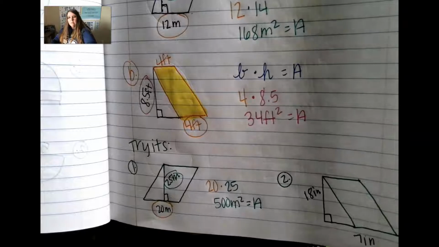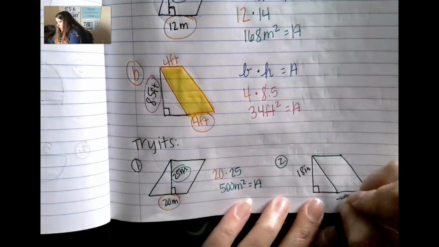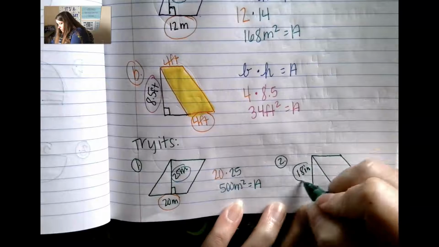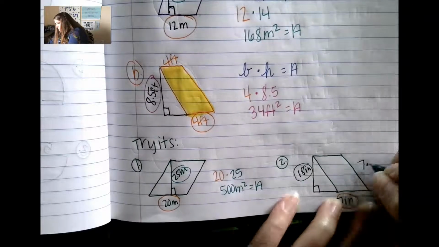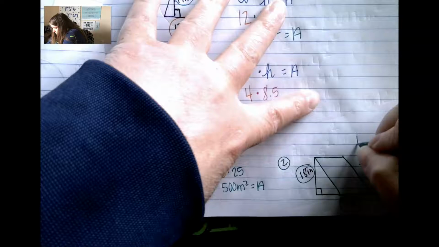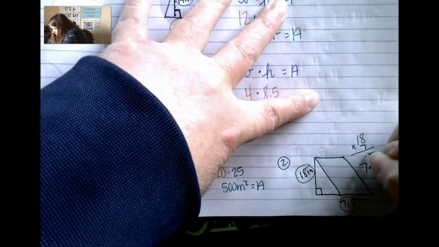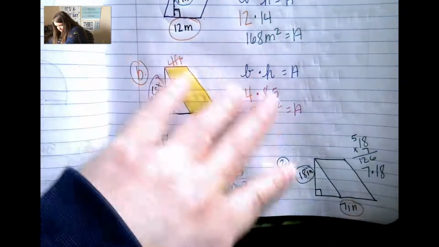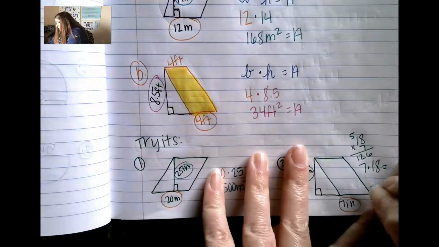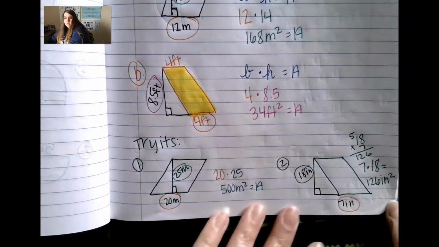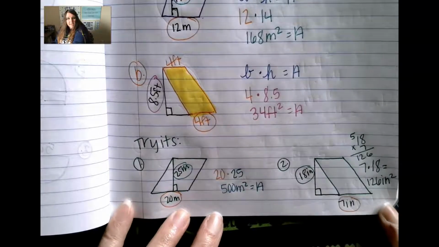On this problem, I have 7 inches, and I'm going to multiply that by 18. 7 times 18 is 126. So I get a total of 126 inches squared. How did you do on your 2 trials there?